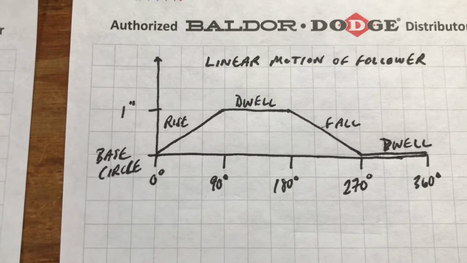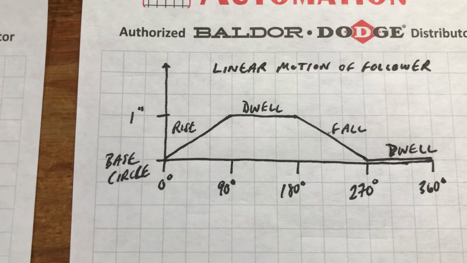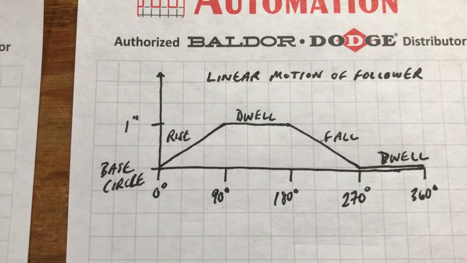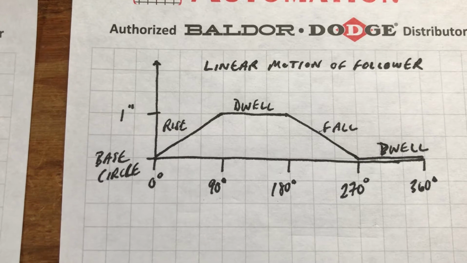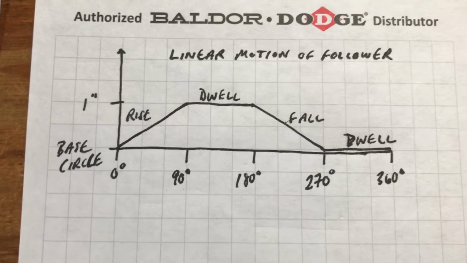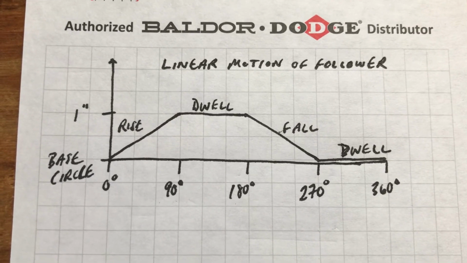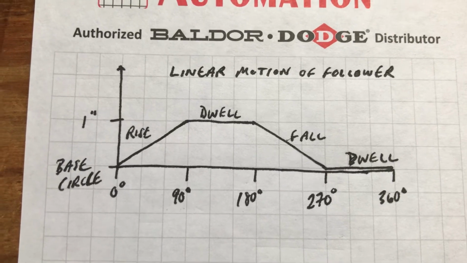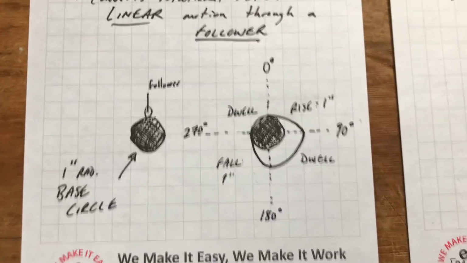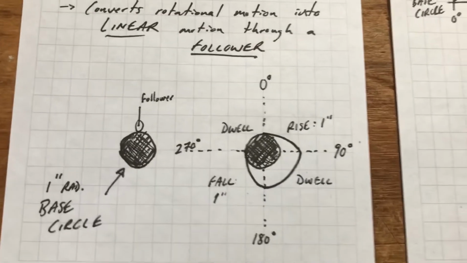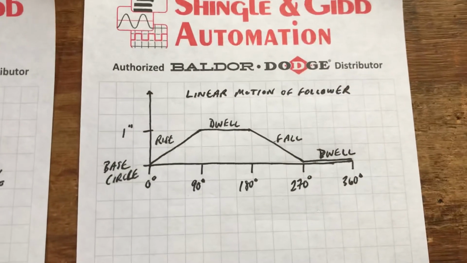So from 0 to 90 degrees, we might have a rise. From 90 to 180 degrees, we have a dwell. From 180 to 270, we have a fall. And then from 270 to 360, we have our final dwell. And it all comes down to how we convert that rotation into a linear motion.